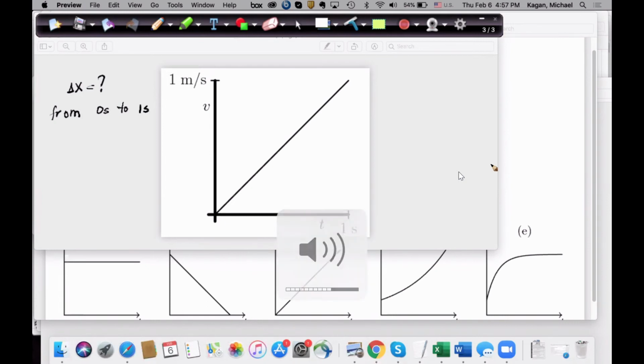What's that? 1/2? Some 1/2 meters. Okay, so let me put it here and we'll analyze it. Delta x equals 1/2 meters. Okay, can somebody elaborate?